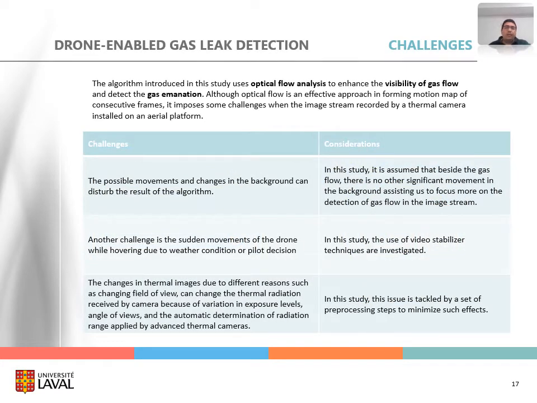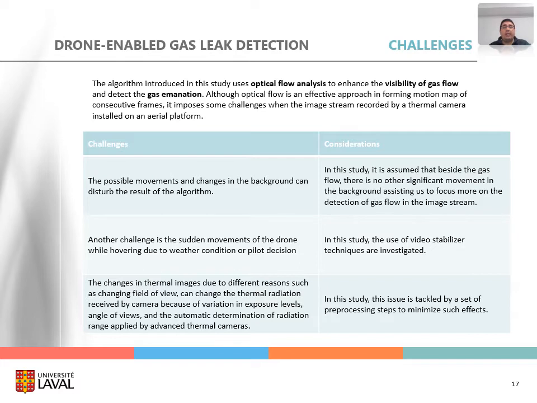The algorithm introduced in this study uses optical flow analysis to enhance the visibility of gas flow and detect the gas emanation. Although optical flow is an effective approach in forming a motion map of consecutive frames, it imposes some challenges when the image stream is recorded by a thermal camera installed on a drone.